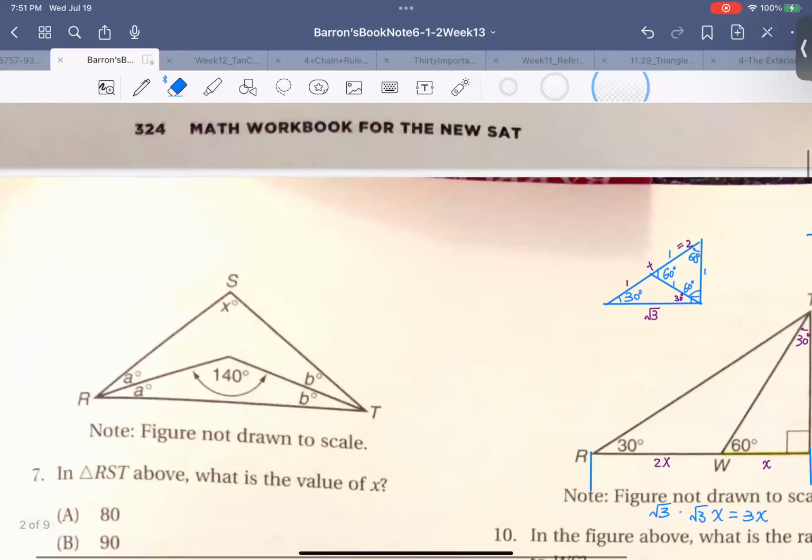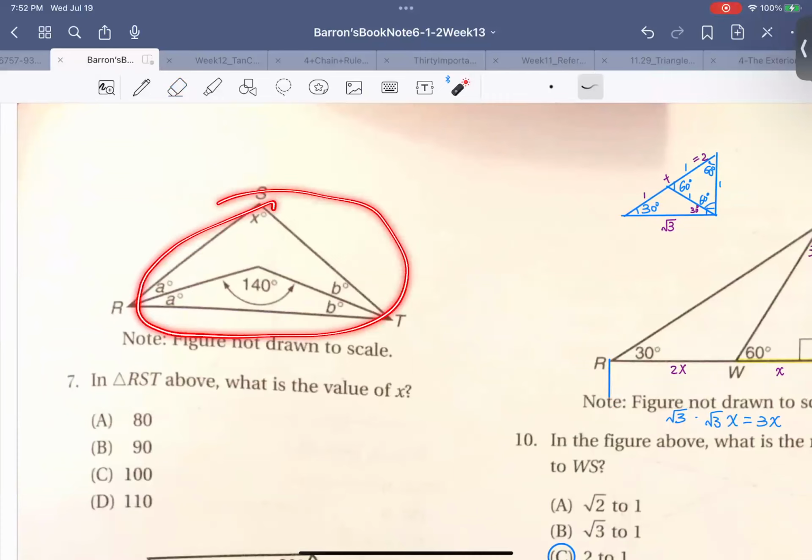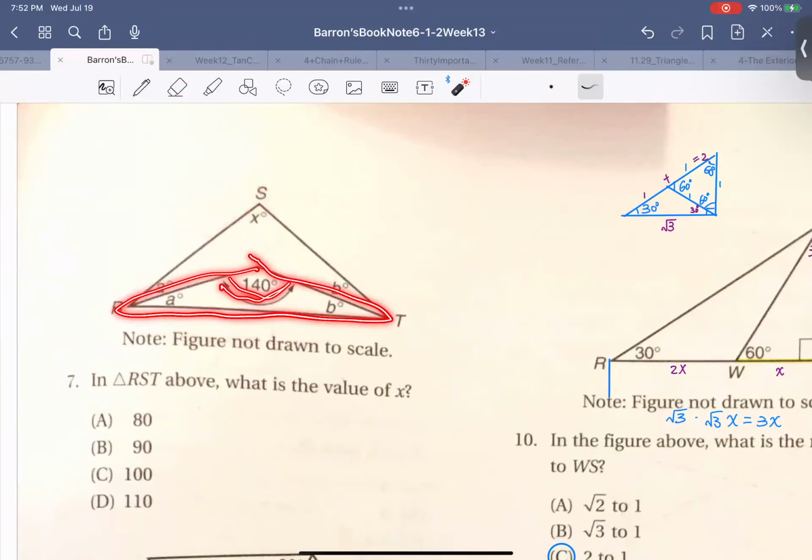Annie, I'll give you a challenge question. Look at here. We first look at this triangle first. So, A plus B plus 140 equals to 180? So we do 180 minus 140.